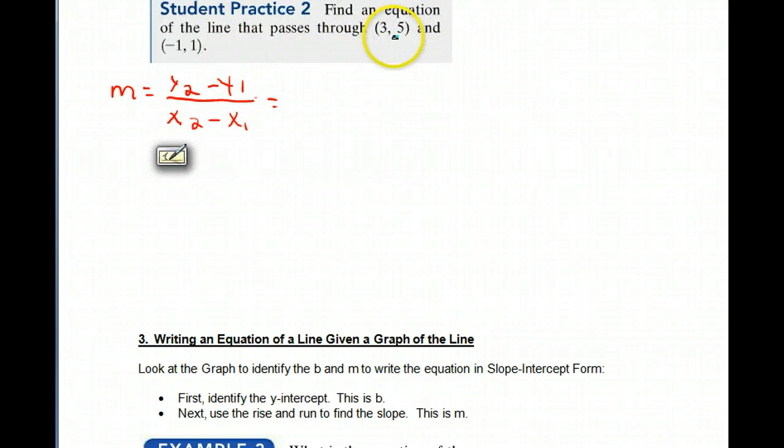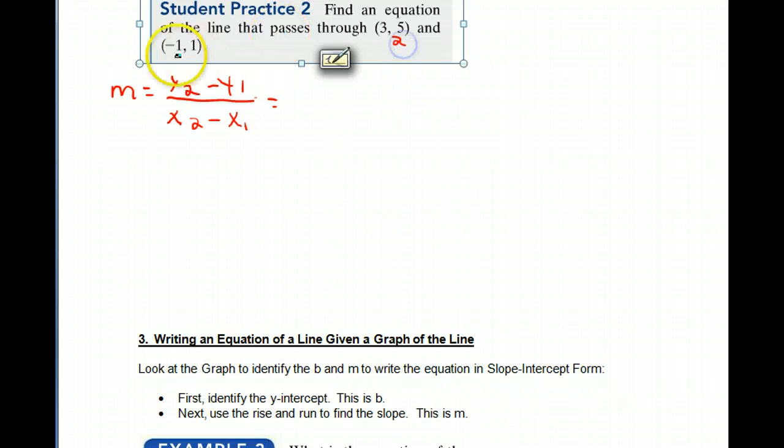So I'm going to use 3, 5 as 2, and I'm going to use -1, 1 as 1. So my y2 value is 5, my x2 value is 3. I'm going to plug in the minus from the formula. My y1 value is 1, my x1 value is -1.